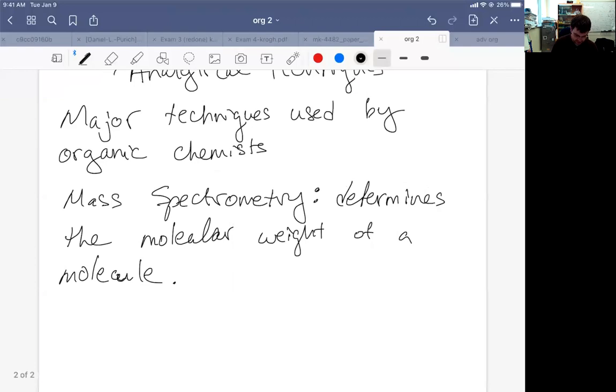But what we're focused on is spectroscopy.